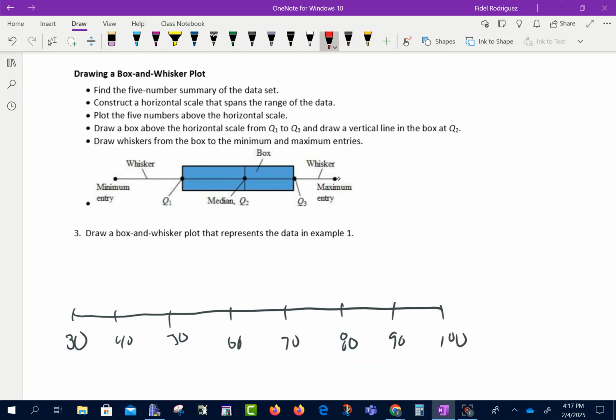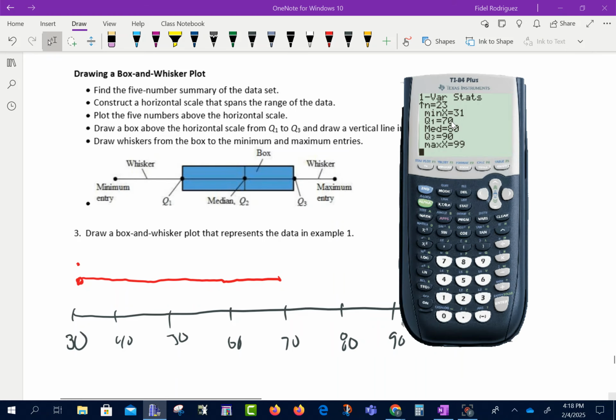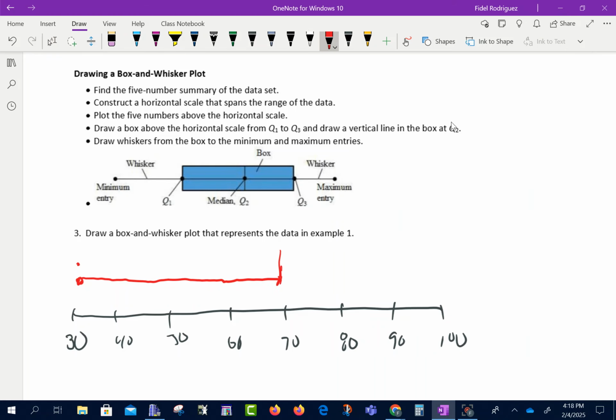Okay, so when I draw this thing, y'all, I'm going to put a dot right here. That's going to be at 31. Now my line is going to go all the way until I hit Q1. Q1 was 70. Okay, that's going to be the first part of my box right here, y'all. Okay, the box is going to look like this. My box is going to end at Q3, which was 90.